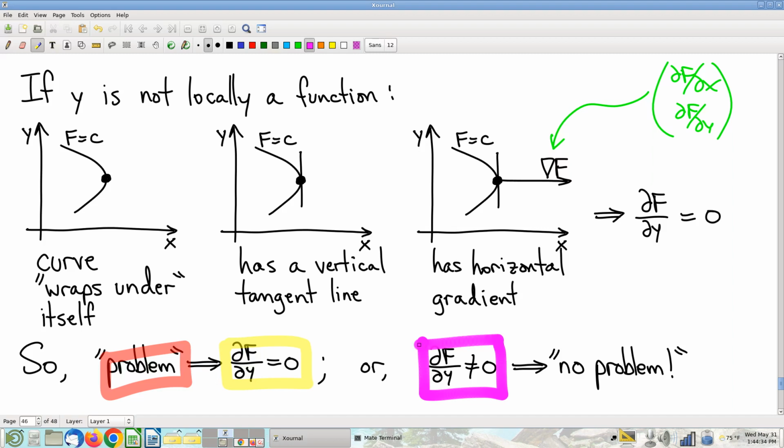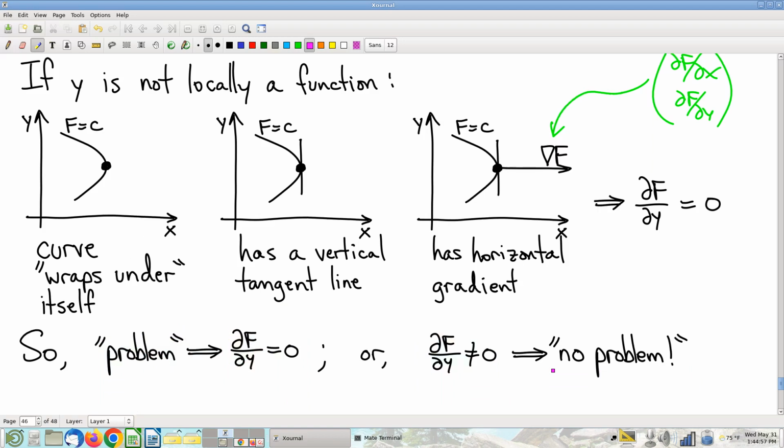If the y partial is not 0, that means this doesn't happen. But if that doesn't happen, then certainly there's no way that can happen, and that means no problem. So this is morally how the implicit function theorem works, and there are details and formalities to be dealt with that we don't need to worry about.